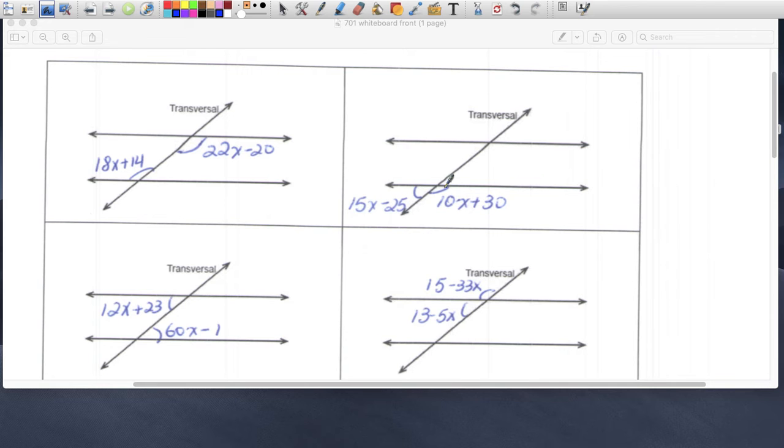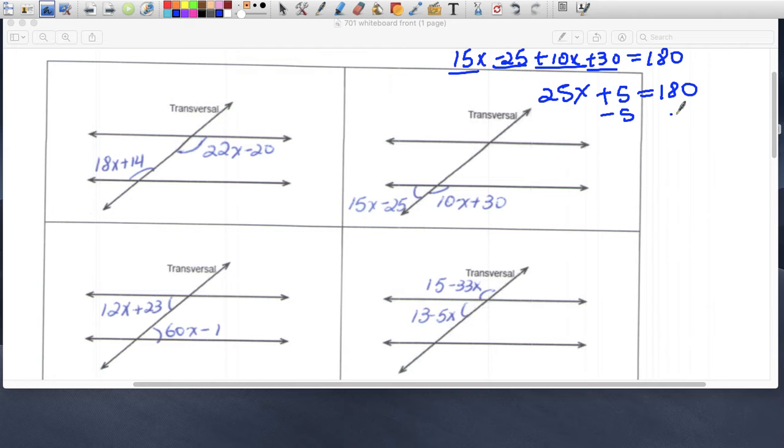So this would be an A and this would be a B. So if they're different, we can write 15x minus 25 plus 10x plus 30 equals 180. 15x and 10x is 25x, minus 25 plus 30 is plus 5 equals 180. Minus 5, minus 5, 175, 25x, divide by 25, divide by 25.